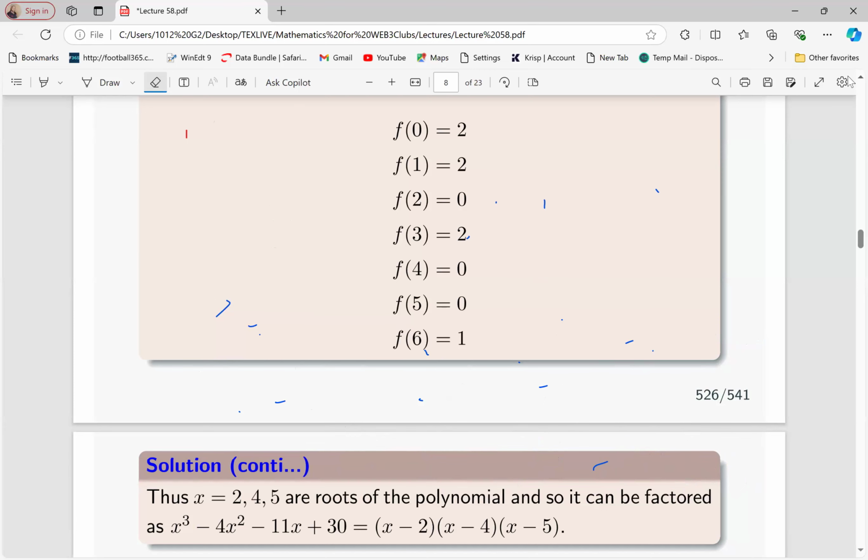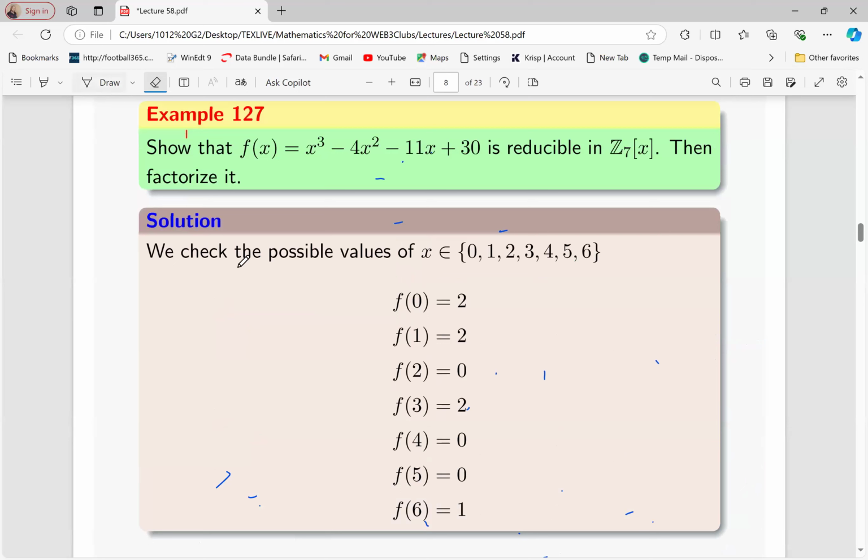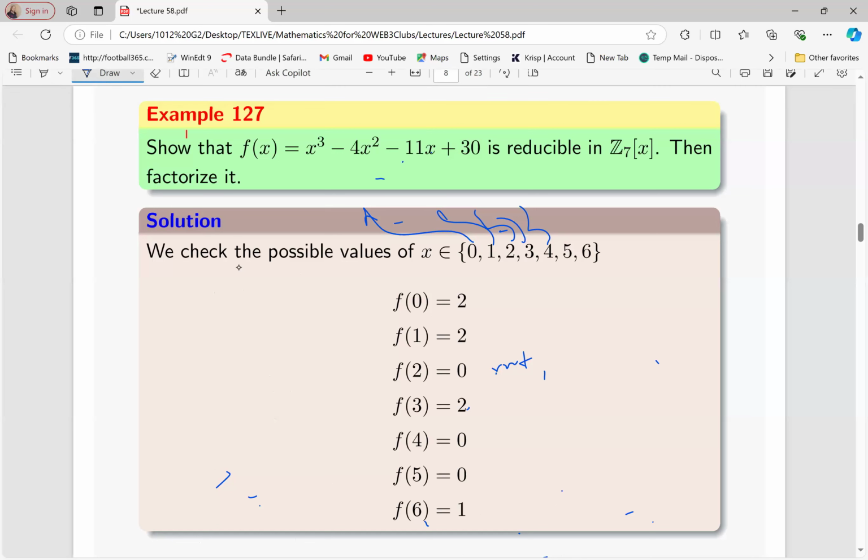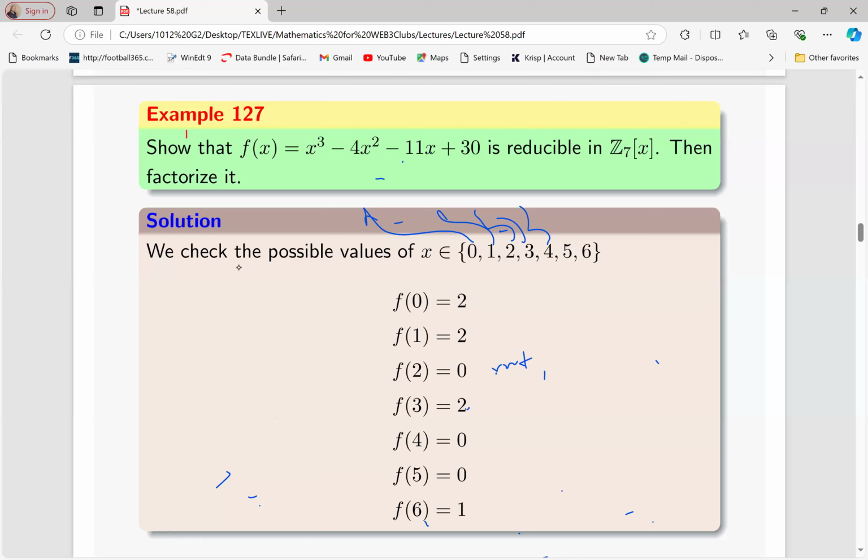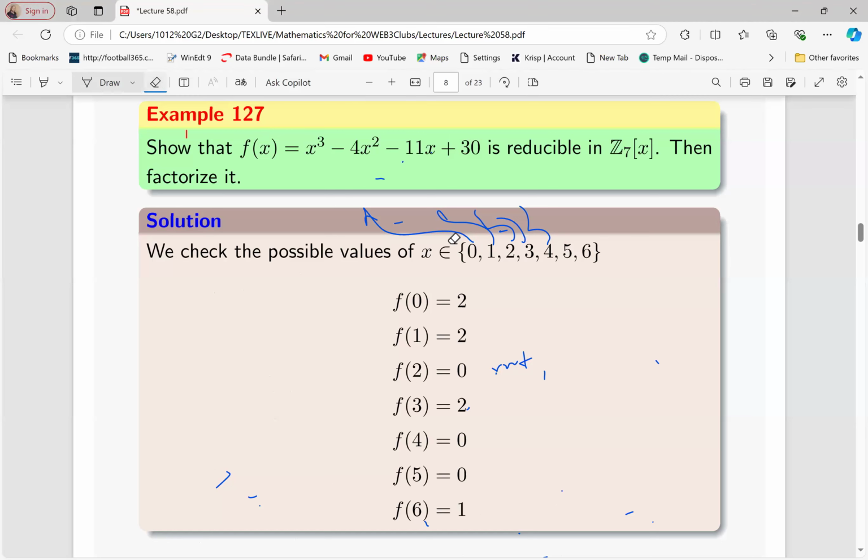Mod 7, for instance, you want your code to try 0, 1, 2, 3, 4, and so on, and find out if there is a root. It must give you the roots if they exist. Once it gives you the roots, then you know that the polynomial is reducible, and you can now factorize the polynomial.